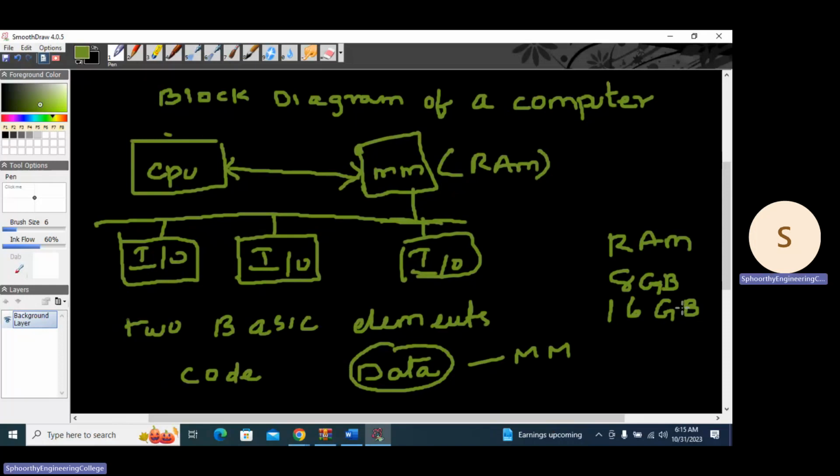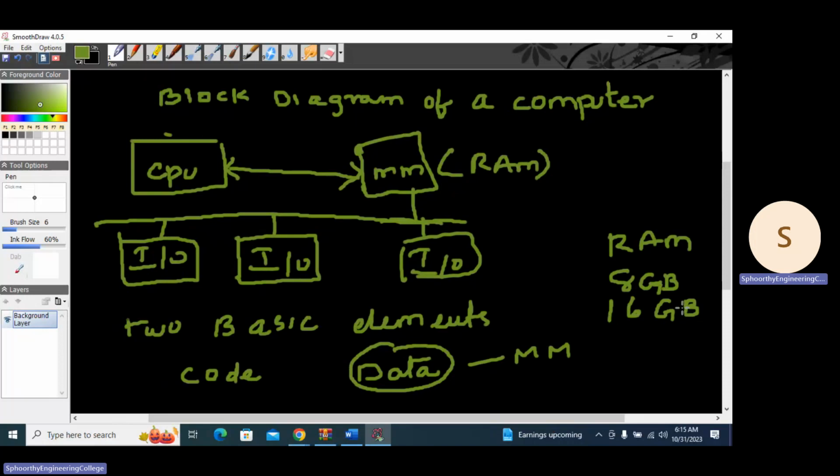I should know the address of those 2 bytes, only then can I access that memory, because 8 GB is a huge amount of memory. So let us understand how this 8 GB, 16 GB, whatever the size of the RAM may be, how this main memory is organized and how main memory addresses are created.